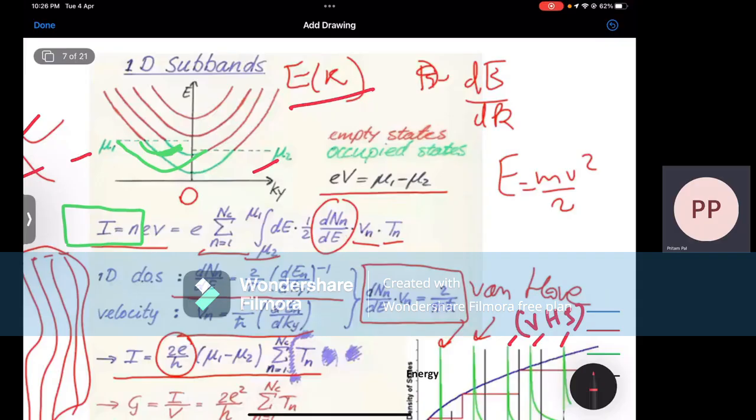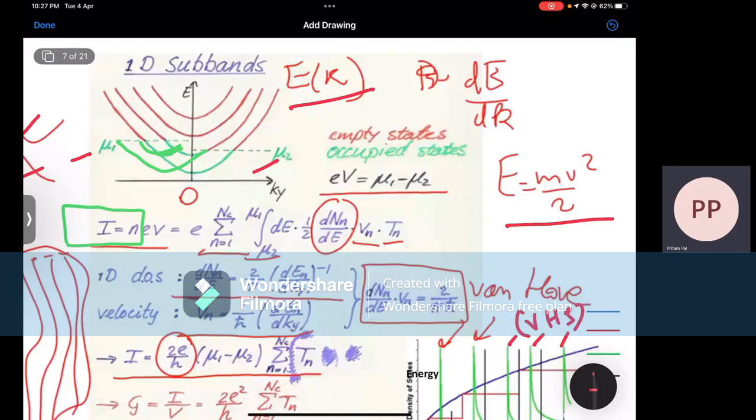We also know that velocity is proportional to dE/dk, first power, not inverted, just from energy being equal to mv squared over 2.